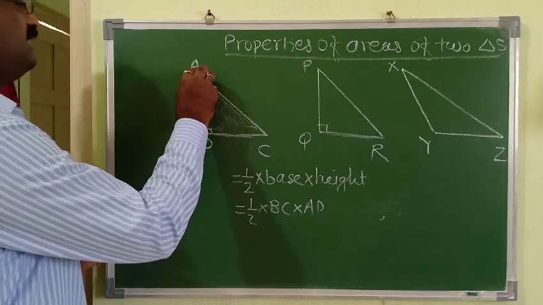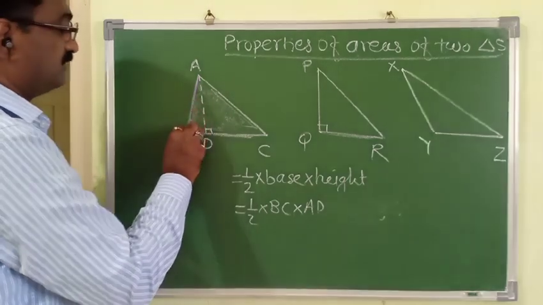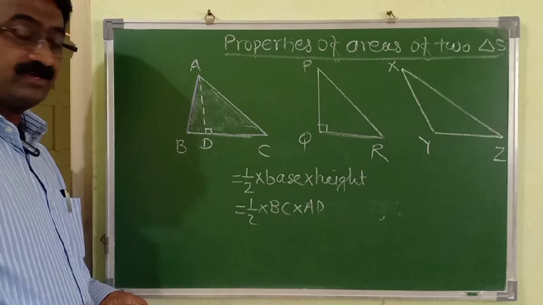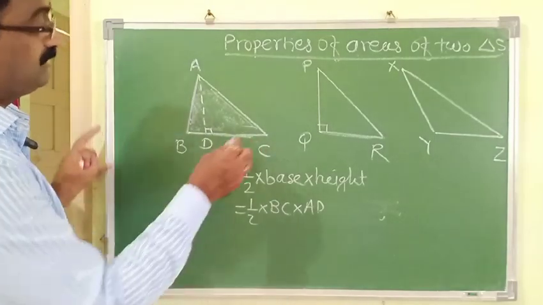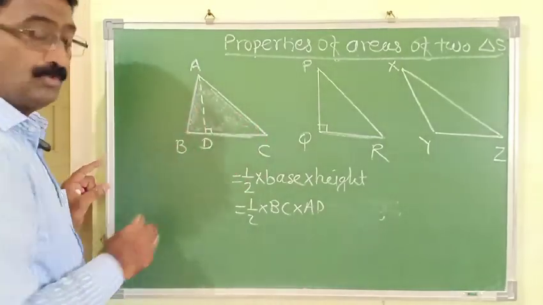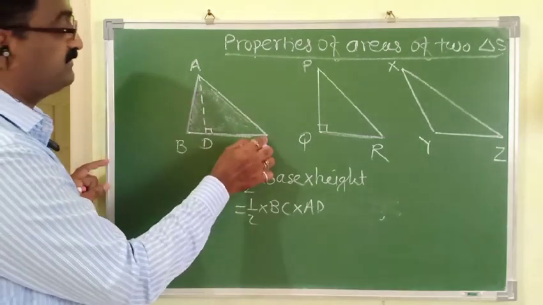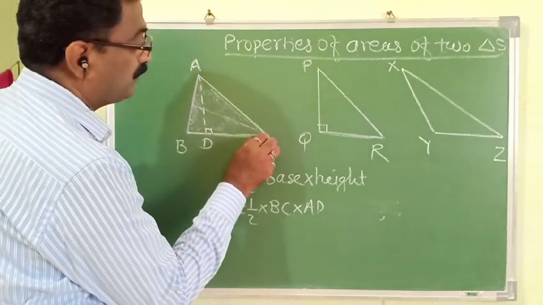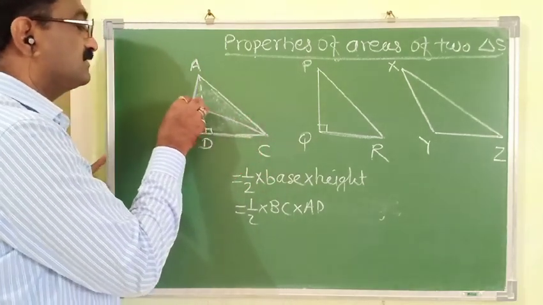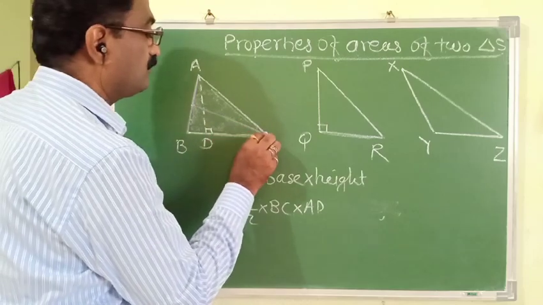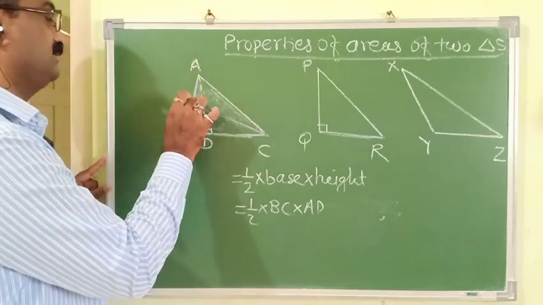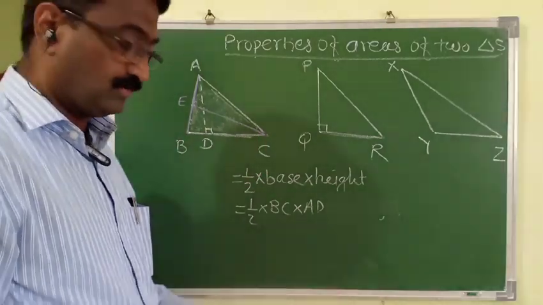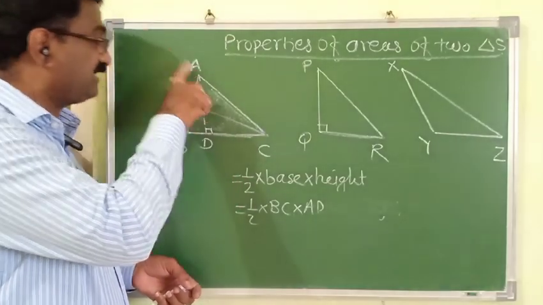So if AB is the base, see, a triangle has three bases. If we take AB as a base, how can we find the height of the triangle with respect to the base AB? The vertex opposite to side AB is point C. So if you draw the perpendicular from point C to the side AB, then CE is also a height of that triangle with respect to the base AB.